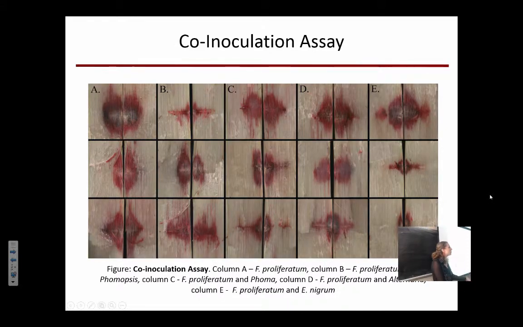Next, I was really interested in what the relationship was of these other strains that I had isolated to the Fusarium proliferatum strain. So what interactions do they have in the field that might affect disease symptomology overall? And this is based on a couple of different works that have been done before.